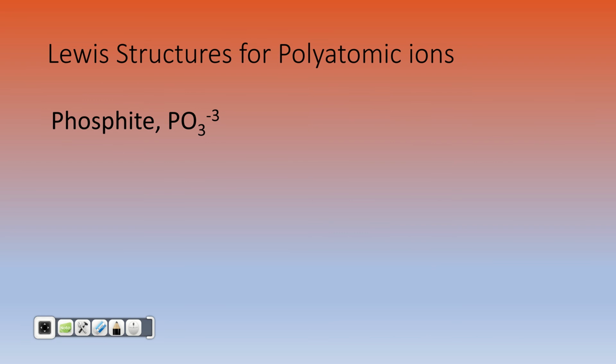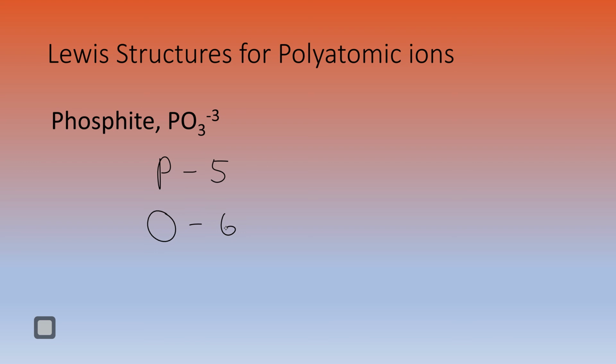Okay? Phosphite. For phosphite, we got P is 5. O, they each have 6 times 3. So there's 18, 23, but plus 3 more electrons, so I have a total of 26 electrons. How many do I want? 8 plus 24 is 32.